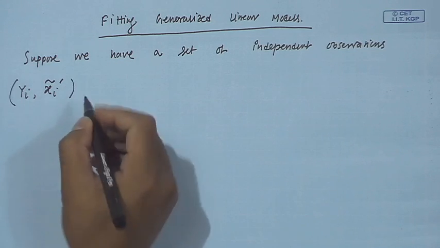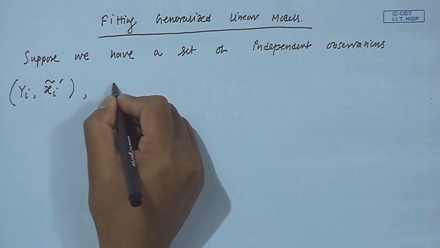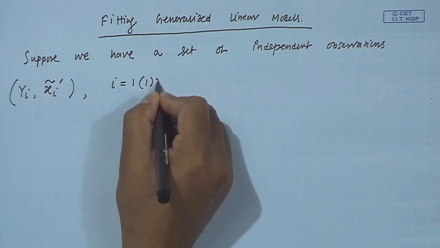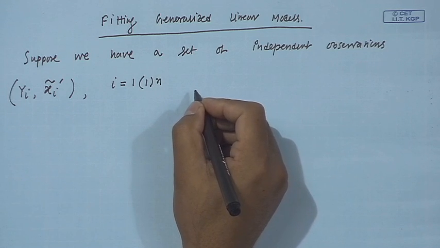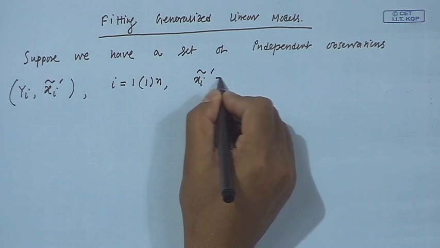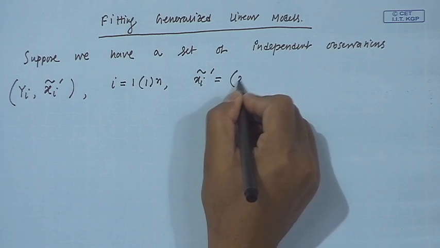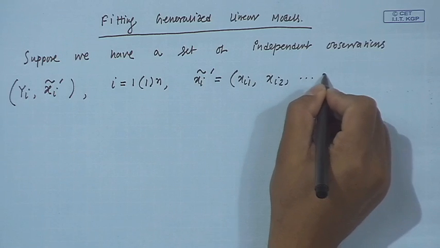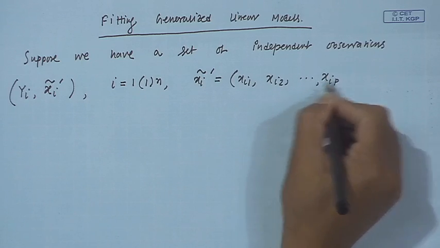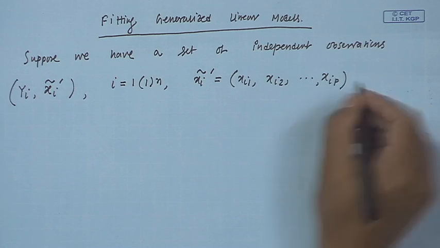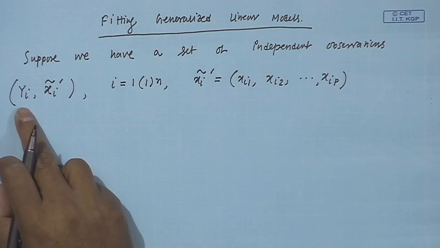So, these are the observations we have and we have n observations, i is from 1 to n, and as I told, this x i prime is x i1, x i2 up to x ip, and here this response variable is not from normal.